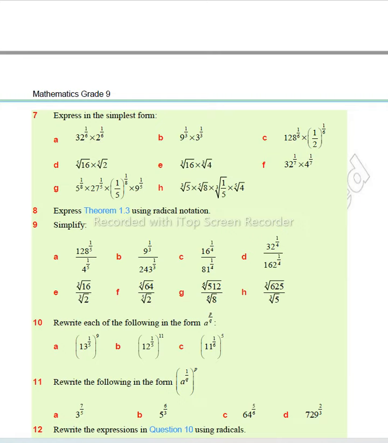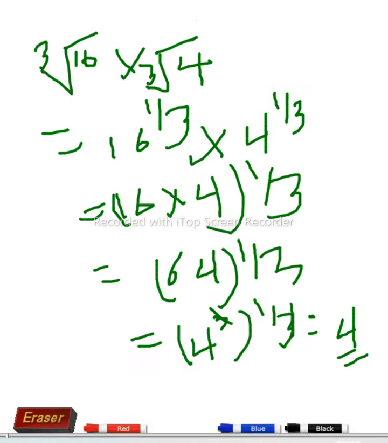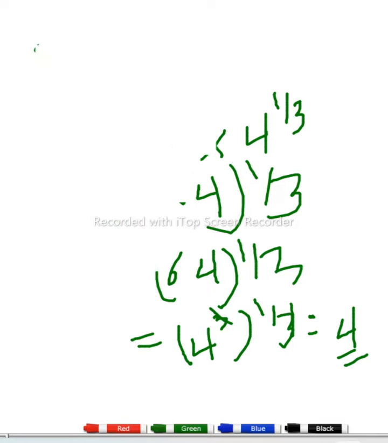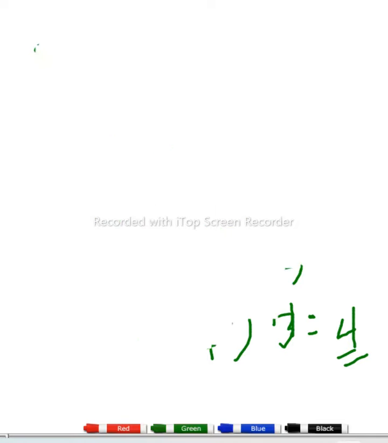G says 5 to the power of 1 over 8 times 27 to the power of 1 over 5, times 1 over 5 to the power of 1 over 8 times 9 to the power of 1 over 5. We write this equation again and simplify it in sequence.